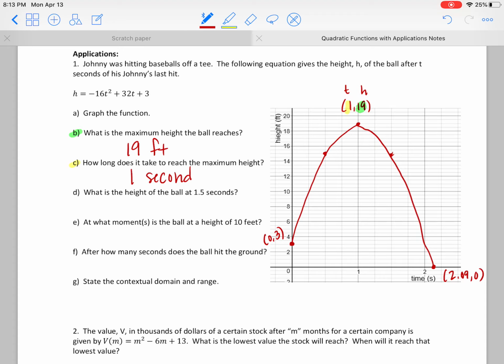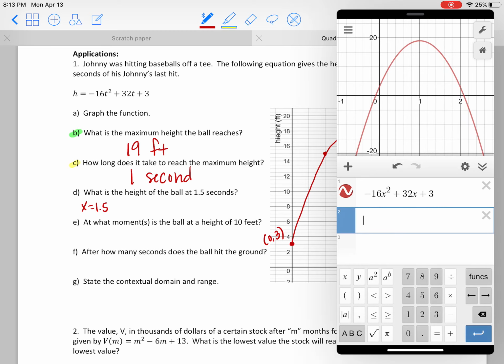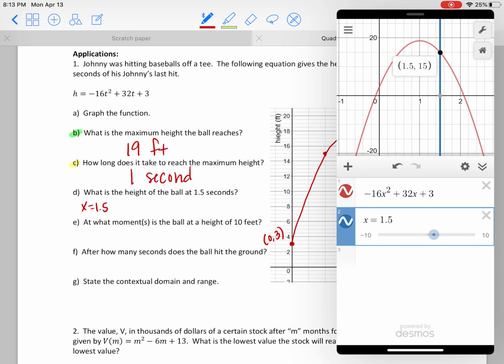What is the height of the ball at 1.5 seconds? I think I plotted that one exactly, but if you weren't sure, at 1.5 seconds, technically that's an x value of 1.5. You could go in here and put in x equals 1.5 and see exactly where that line hits the graph.